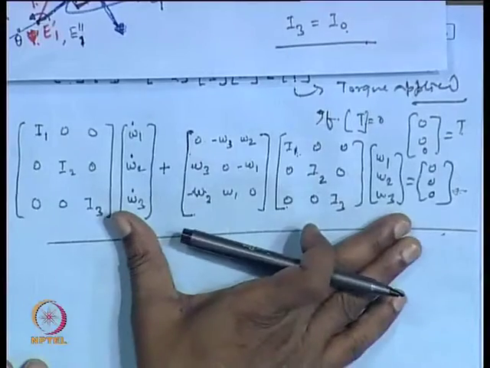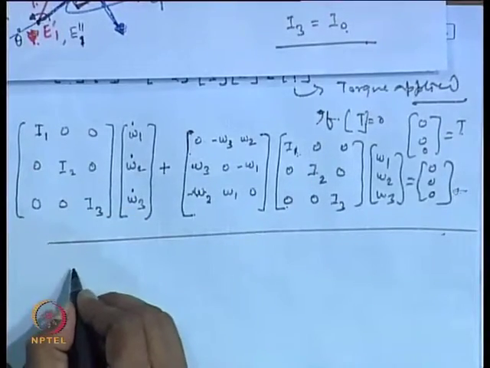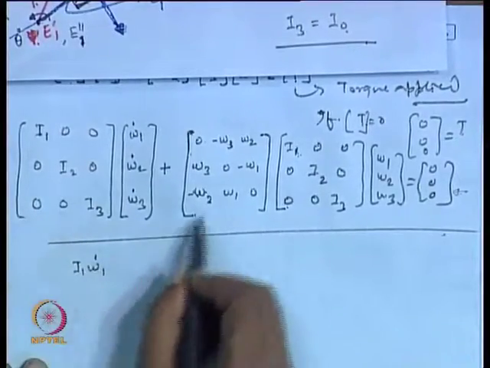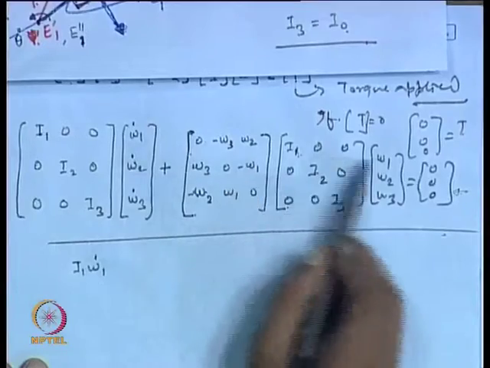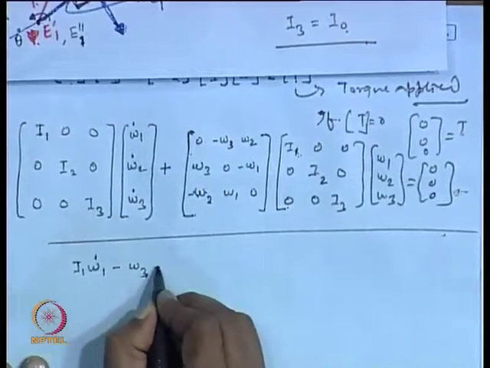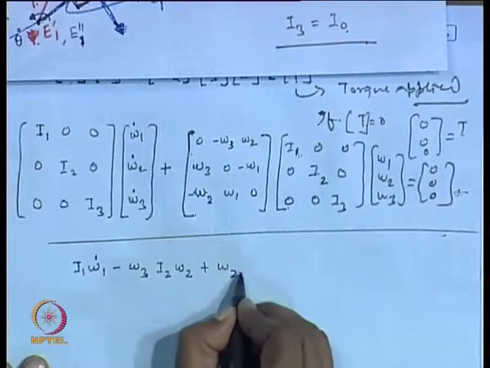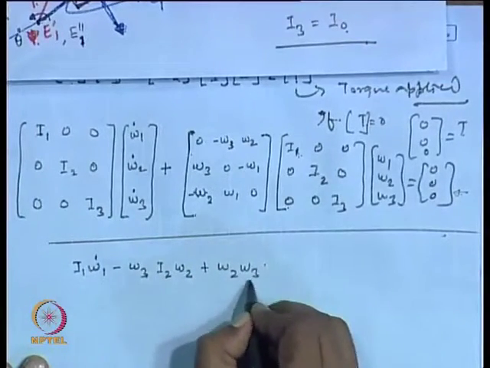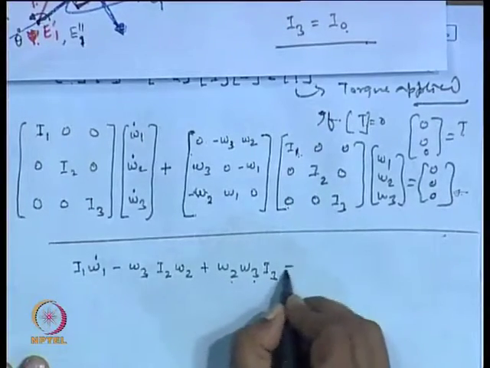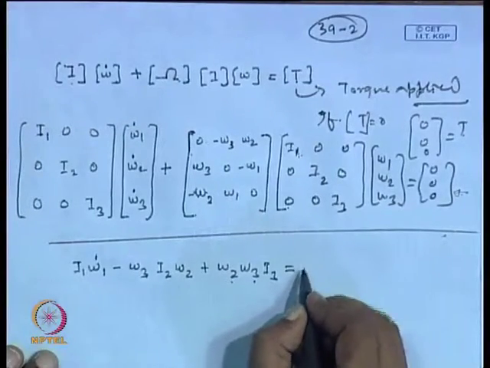from here we can break it down and write separate equations. So, the first one will give I 1 times omega 1 dot, and from here if you break it out, this will give you omega 3 times I 2 times omega 2 plus omega 2 times I 3 times omega 3, this is equal to 0.